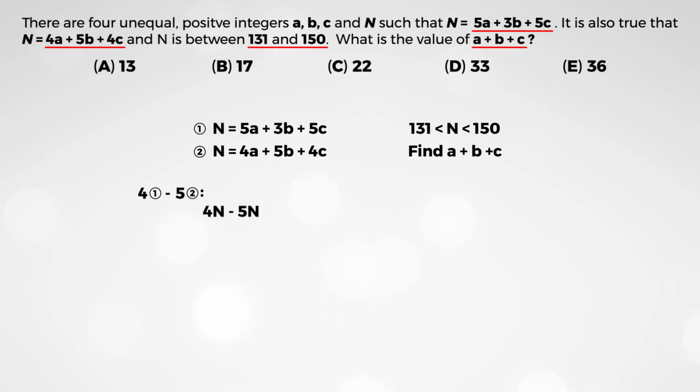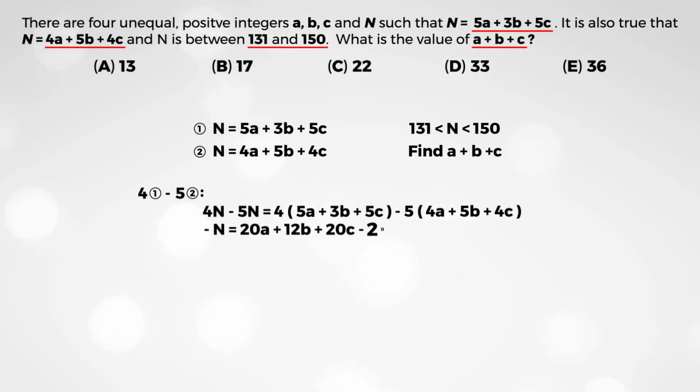And on the right side, I'll have 4 times (5a plus 3b plus 5c) minus 5 times (4a plus 5b plus 4c). So this gives you minus n, and this gives me 20a plus 12b plus 20c minus 20a minus 25b minus 20c.